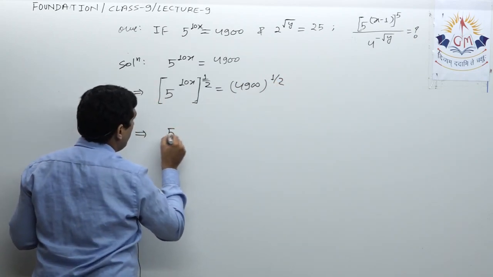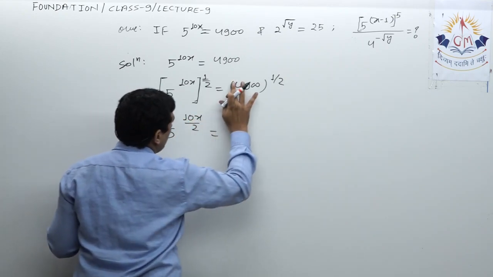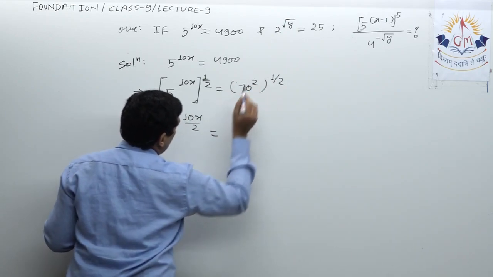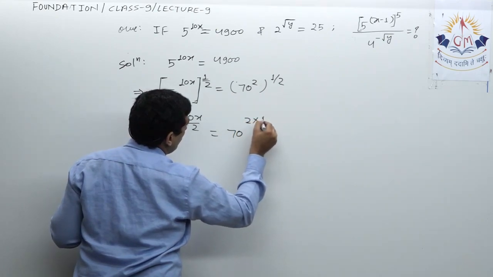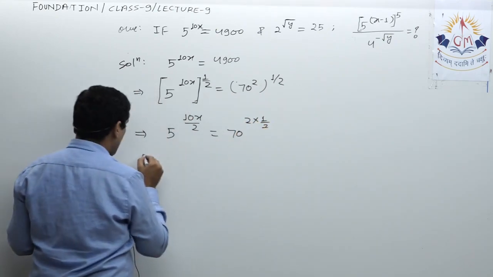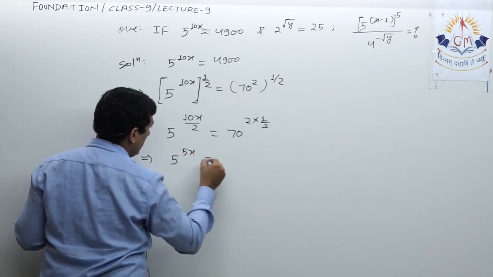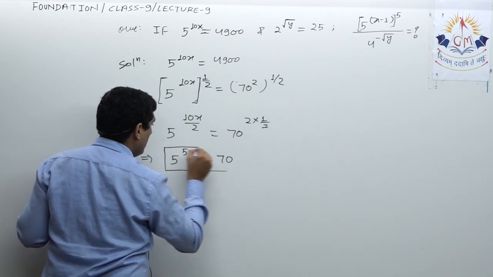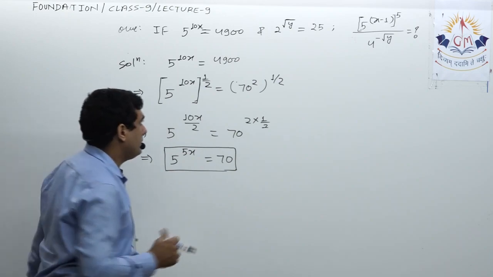So this will become 5 raised to 10x by 2, and over here 4900 I can write as 70 square. So here it will become 70 raised to 2 raised to 1 by 2. So over here I got 5 raised to 5x is equal to 70. Now this value is sufficient to get the value of the required expression.